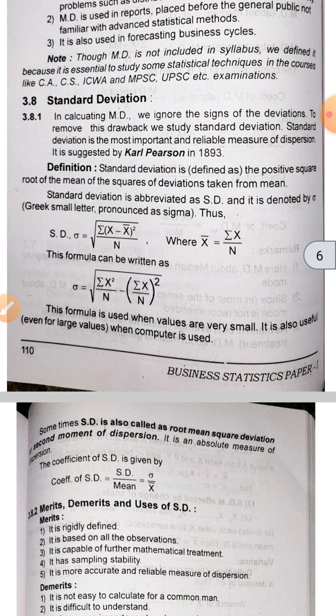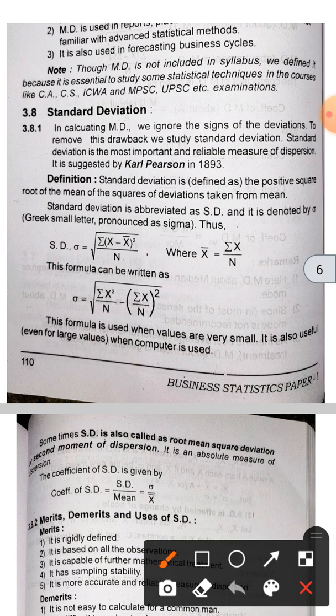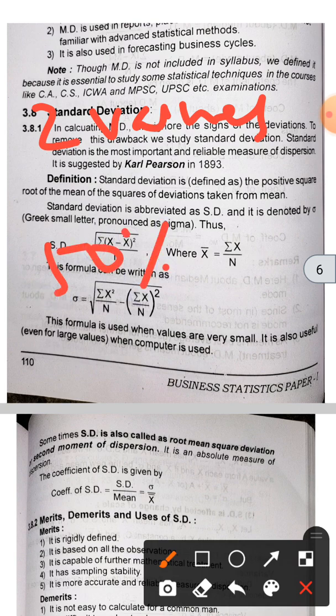Okay, but what had happened in mean deviation, just like a range which is based on only two values, quartile deviation is based on 50% data. Likewise mean deviation ignores negative sign.